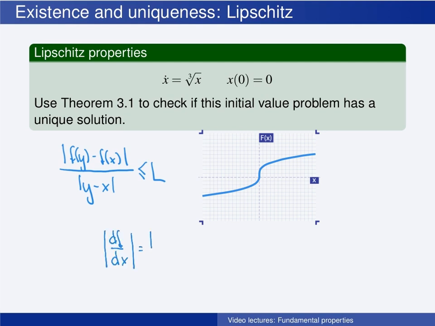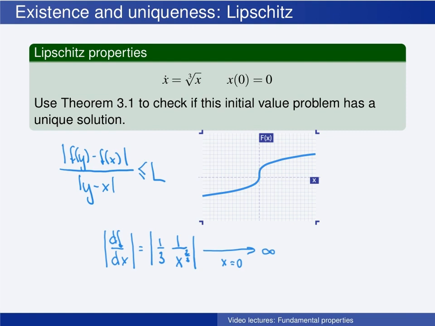This is the absolute value of 1/3 times 1 over x raised to 2/3. And it is clear that when x goes to 0, this goes to infinity. So the function has an infinite slope at 0, and therefore it does not satisfy the Lipschitz condition of theorem 3.1.